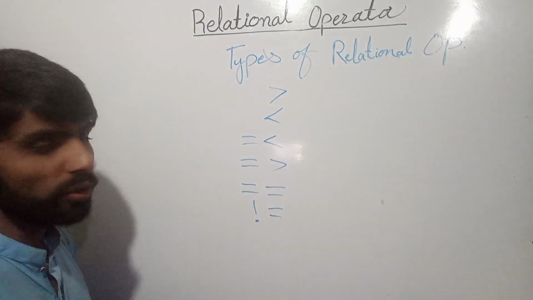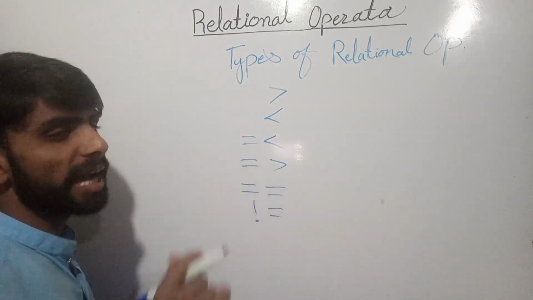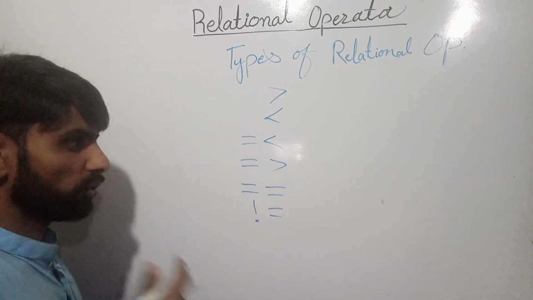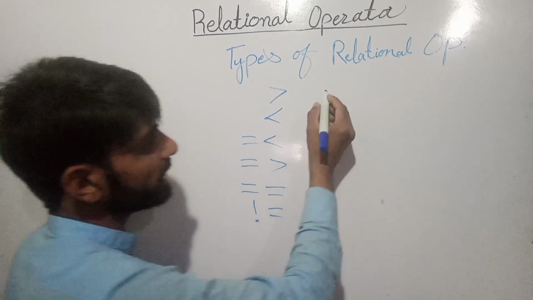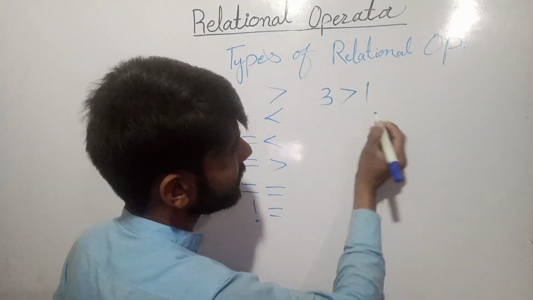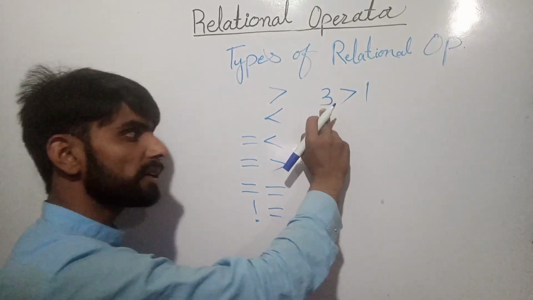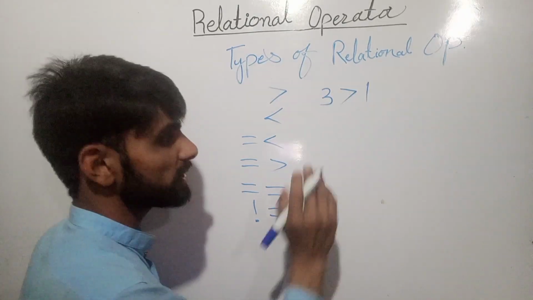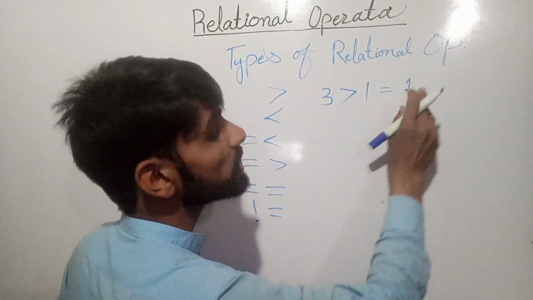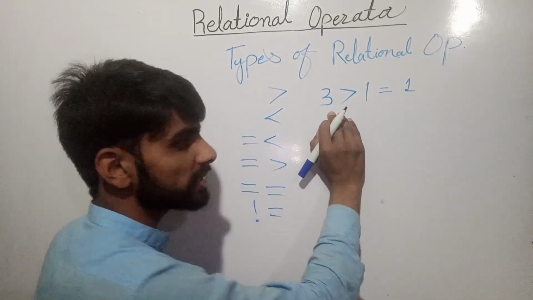If the condition is true, then we will get 1, and if the condition is wrong, then we will get 0. For example, I write 3 greater than 1, so that means 3 is greater and 1 is less. This condition is true, and we will get 1 on the screen.